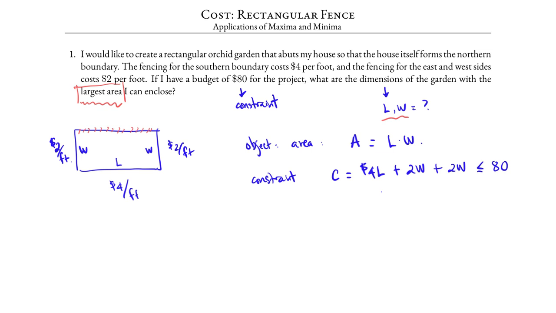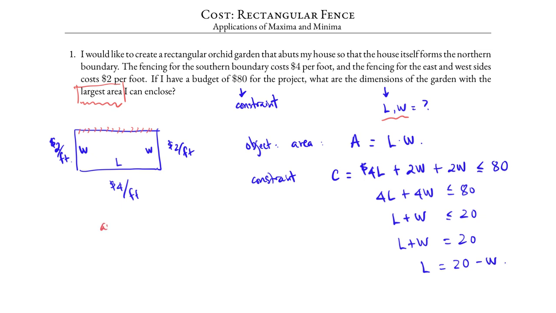Simplifying the cost equation, we have 4L plus 4W equals 80, or should we use less than or equals? L plus W is therefore less than or equal to 20 because we divided by 4 both sides of the equation. And if we pretend that this is an equation for the moment, then we can isolate L to get L equal 20 minus W.